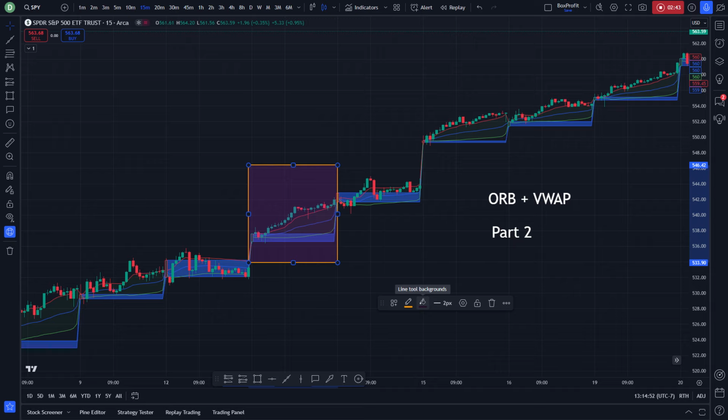So if the rest of the candles break above the line drawn by that first candle, that means we're going to be bullish.